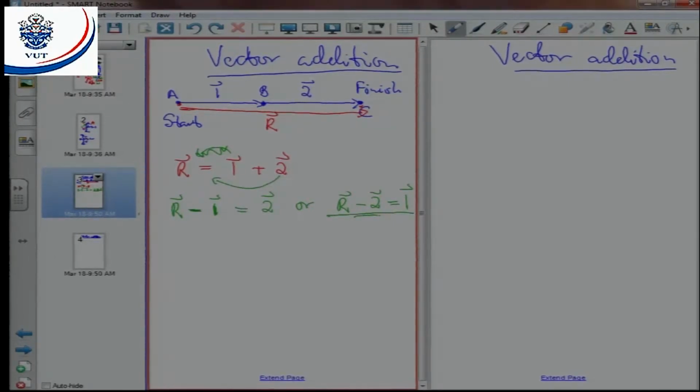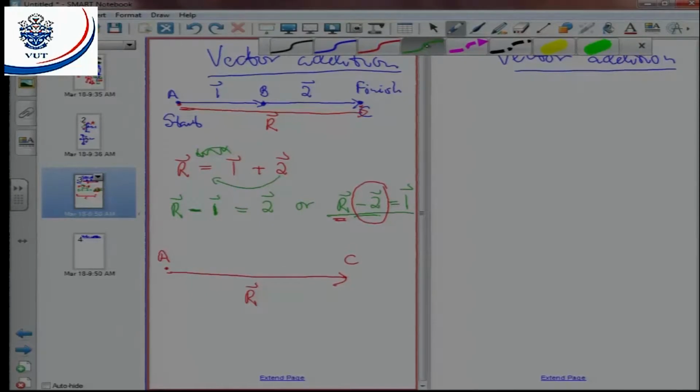So then what do we learn from our vectors? Remember that our vector R was from point A all the way to point C, and it was directed towards C. So I start off and I draw vector R, and that's my R. Then now I must minus vector 2, and recall that 2 was this vector over here.